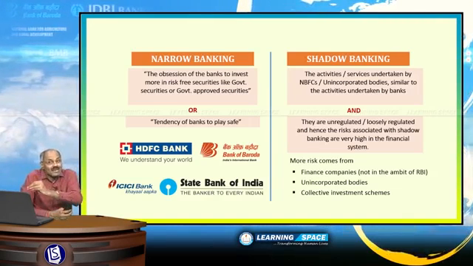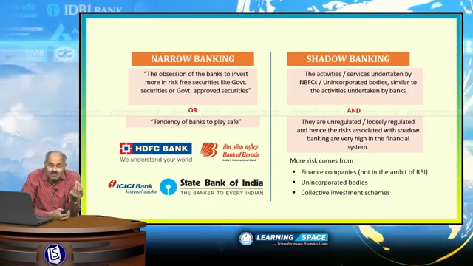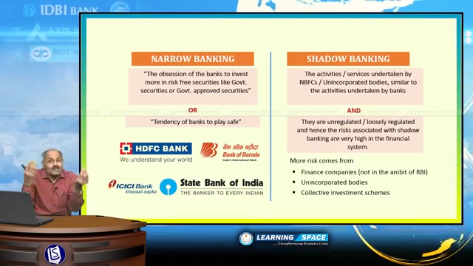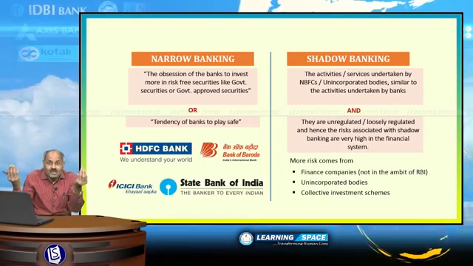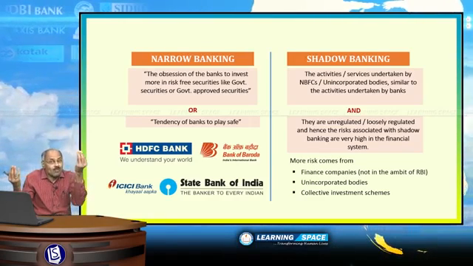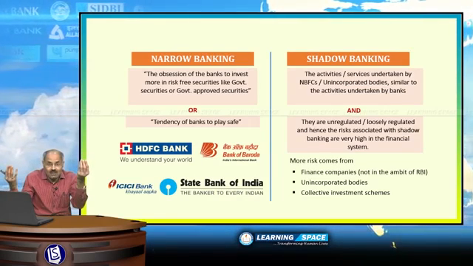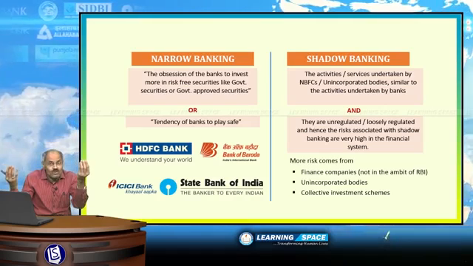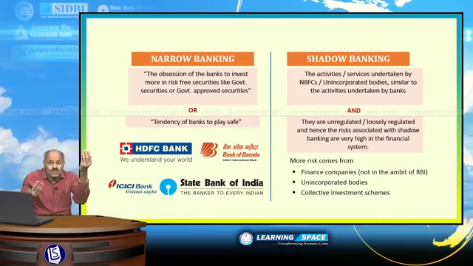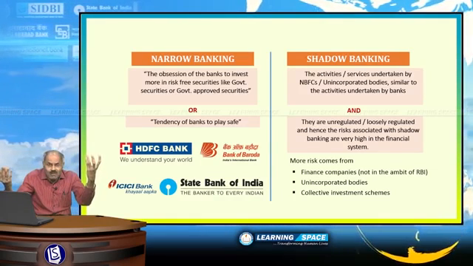And shadow banking. Shadow banking is, if you want a vehicle loan, you can go to State Bank of India or some Bajaj Finance or some other finance company. If you want a gold loan, you can go to a bank, or you can go to Manappuram Finance or Muthoot Finance or some other gold finance company. If you want a consumer durables loan, you can go to a bank, or you can go to some non-banking financial company.